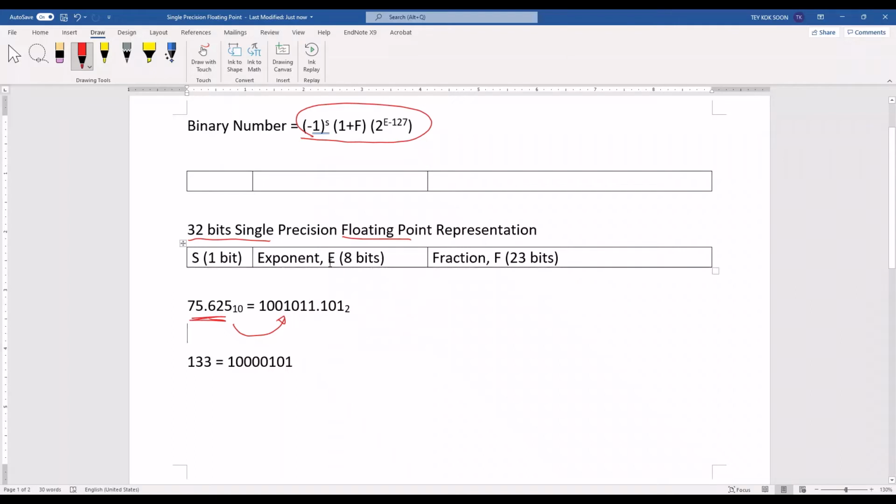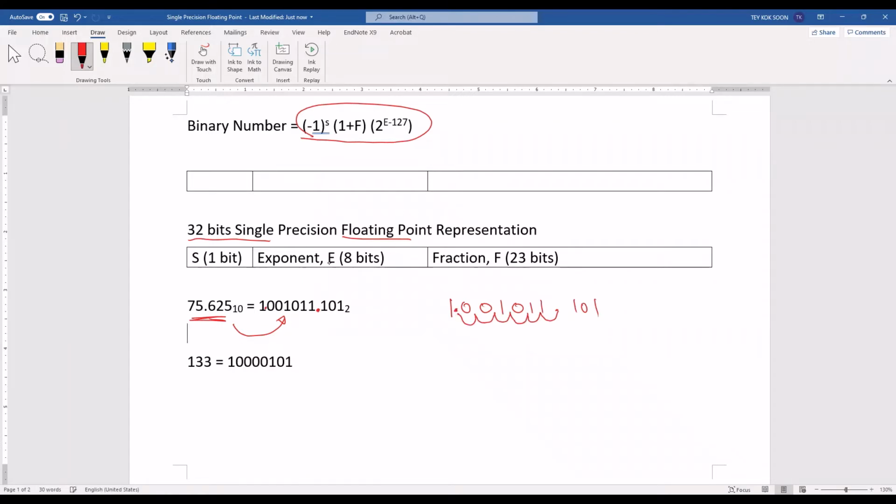Then what we need to do is bring the decimal point into here. So we just write it out: 1001011.101, our binary number. We need to move the point 1 time, 2, 3, 4, 5, and 6 times, so it should be here.